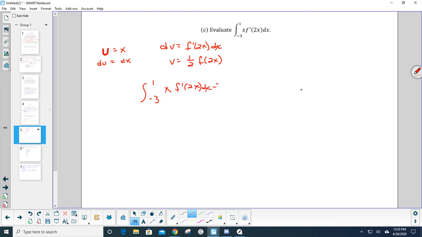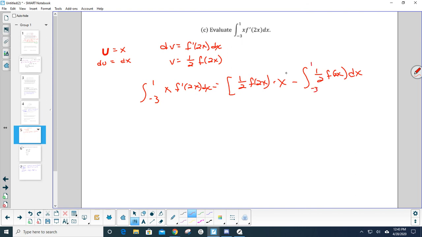equals, we're going to come in here and do our integration by parts. So I'm going to have my 1/2 f of 2x times my x. You okay with that? The uv minus the integral of v, oops, there's a 2 in there, v du. So now, and right here, I'm going from -3 to 1.